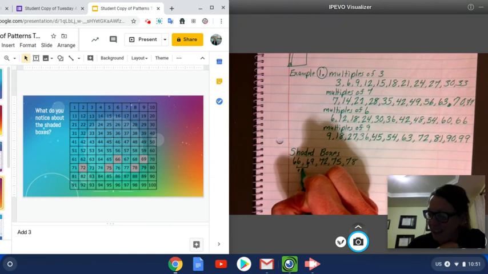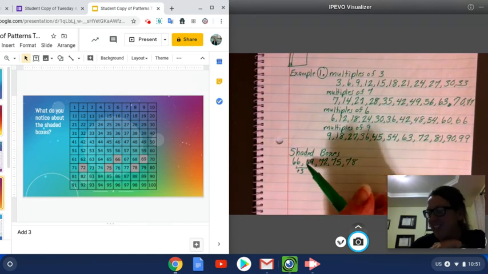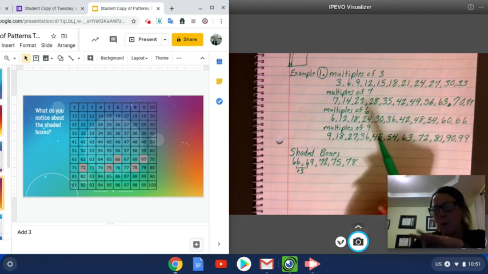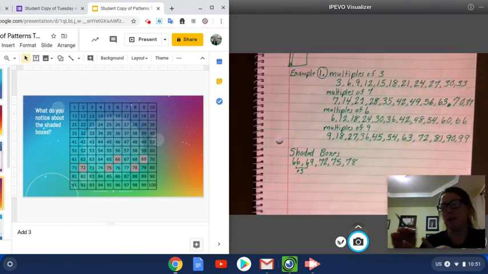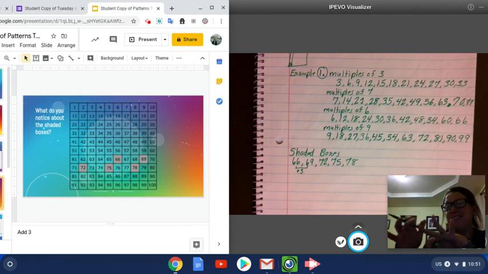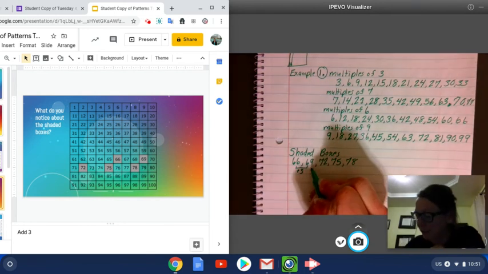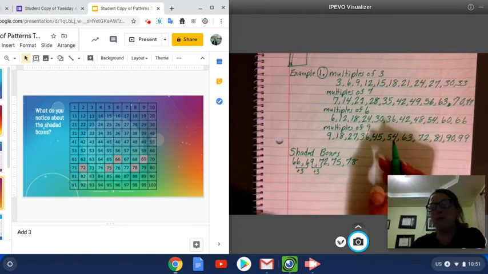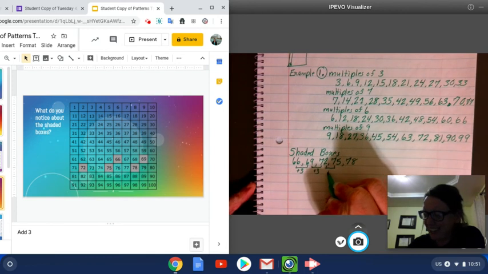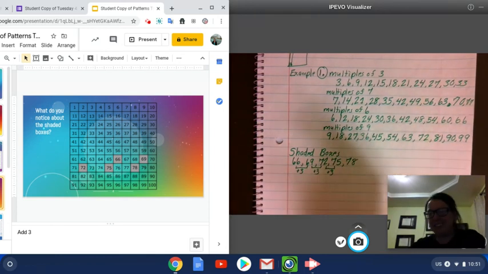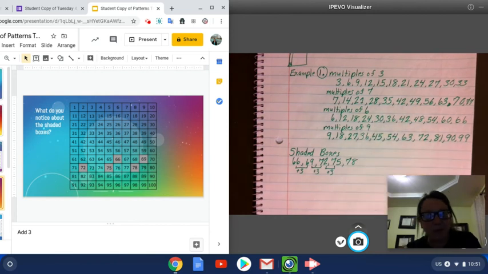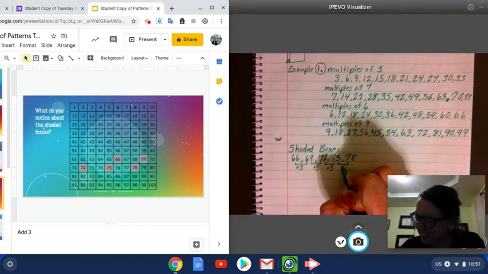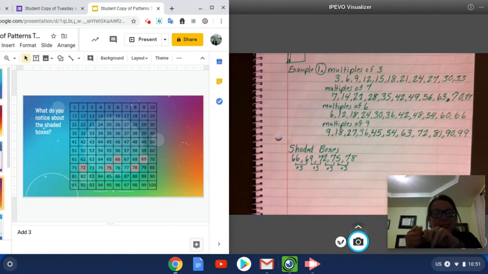Great, we added 3. What about to get from 69 to 72? 70, 71, 72. So we added 3. 72 to 75, what would you have to do? Exactly, add 3. And then to get from 75 to 78, what do you need to do? Great job, add 3. So if we look at the shaded boxes, they increase by 3.